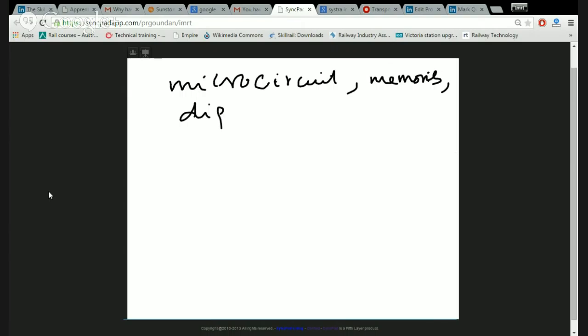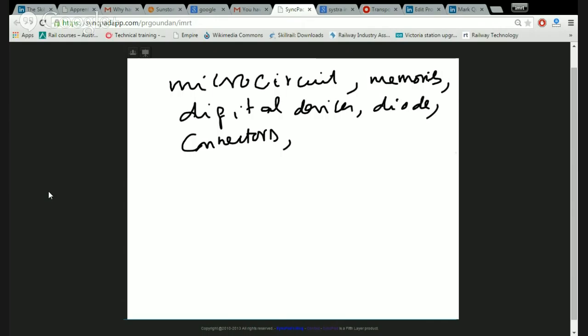For example, you have got microcircuits, you have got memories, memory chips, digital devices, gates, you have got diodes, you have got connectors. Please don't forget about the connectors. So for everything, it is there.